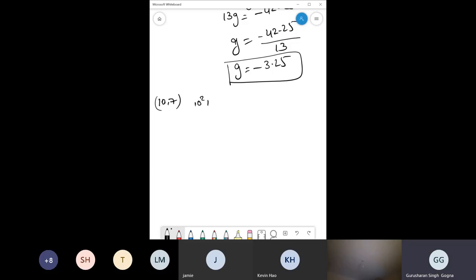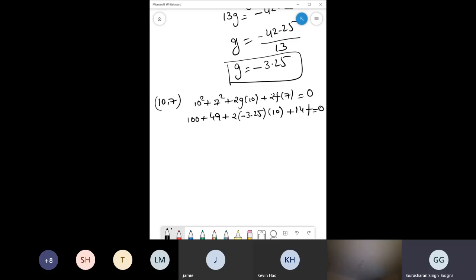And if you substitute, you will get this, isn't it? 149. We already know G, so I will use that value, minus 3.25 times 10 plus 14F equals 0. Okay, and then you just need to solve this.